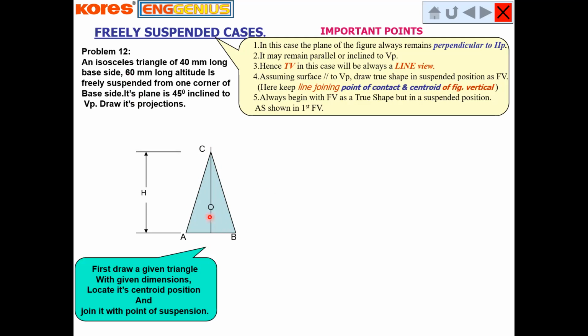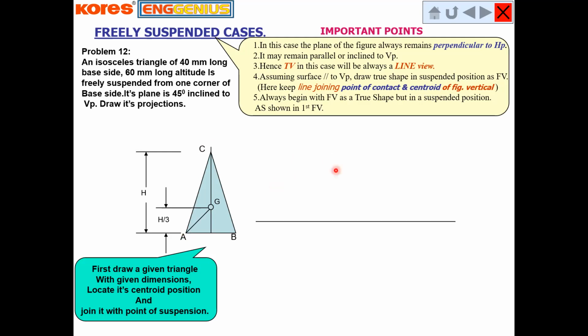So from the midpoint of this AB, we measure a distance of 20 mm and locate the centroid. So G is the centroid of this isosceles triangle. We need to join this point G with A, and this AG will remain vertical if we suspend our isosceles triangle with the help of the string attached at corner A. Clear?